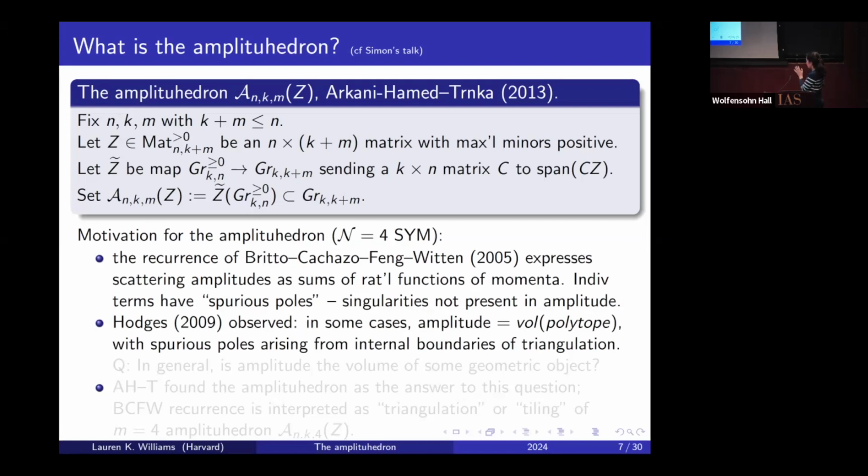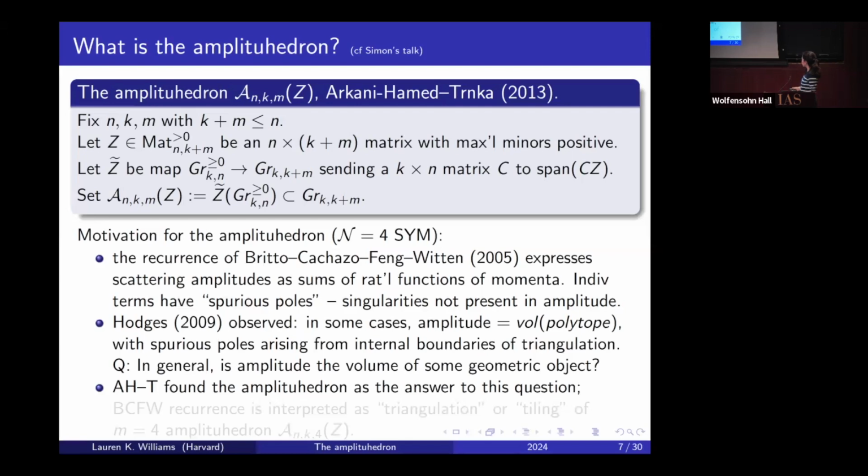And the spurious poles were attached to internal boundaries in the triangulations that were not on the exterior of the polytope. And so he asked, in general, can we see the amplitude as the volume of some geometric object? And that was the question that Arkani-Hamed and Trnka answered when they discovered the Amplituhedron.